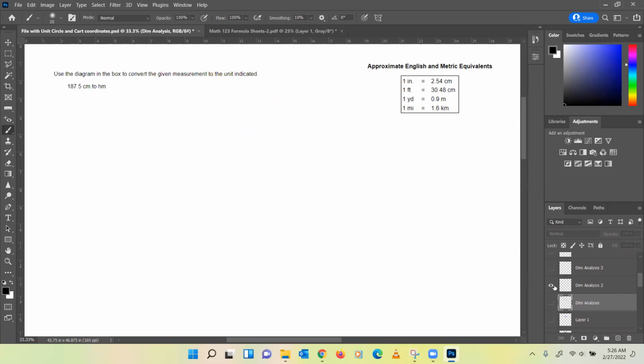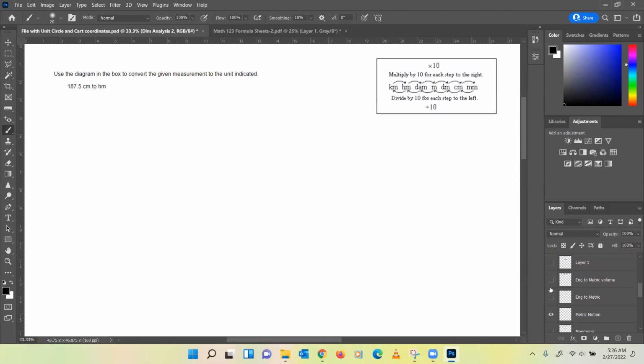Let's do some more. Here we've got centimeters to hectometers. And to do that one, I think I'm going to bring up this other table. So right now I've got centimeters. So I'll put that over here, 187.5. And to get to hectometers, which are over here, from centimeters, I need to move my decimal once, twice, 3 times, 4 times.